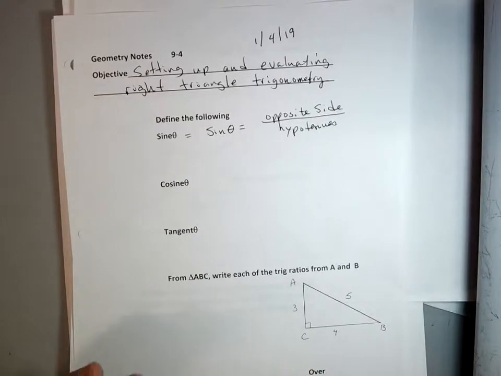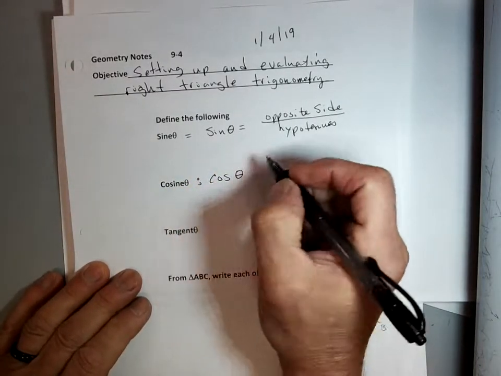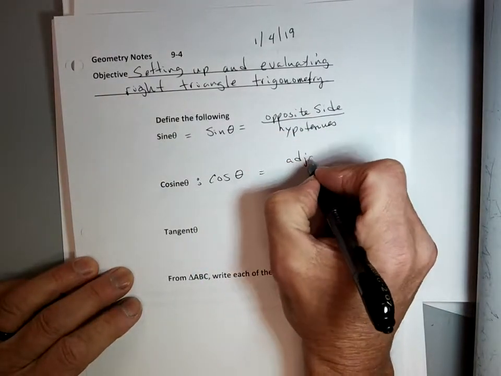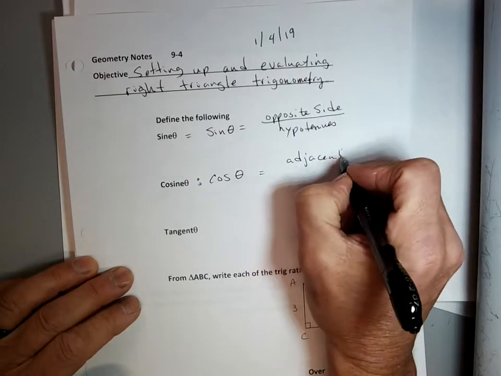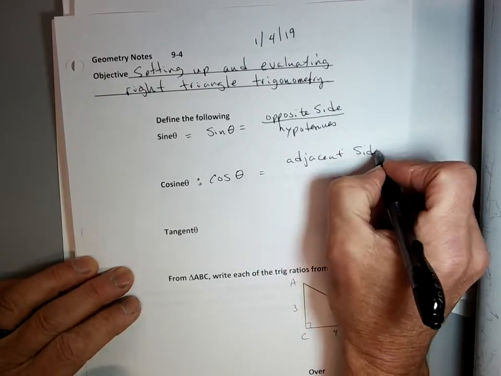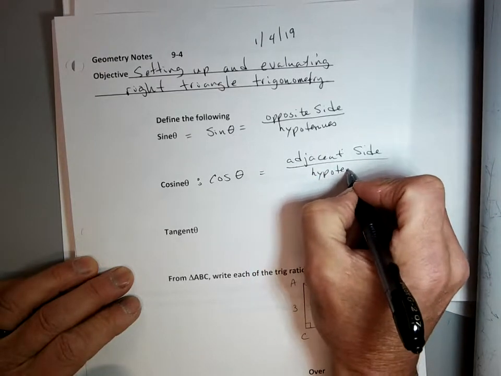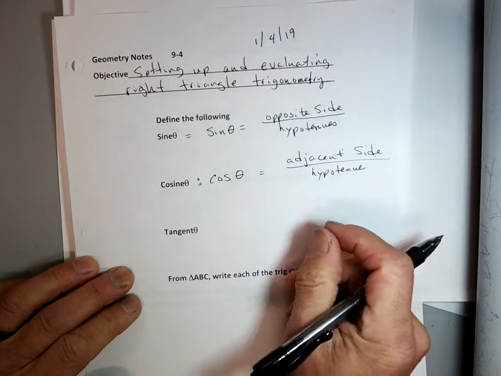Now, cosine, or cos, theta, remember theta is the angle, is equal to the adjacent side over the hypotenuse. Same thing.